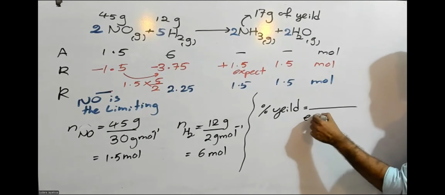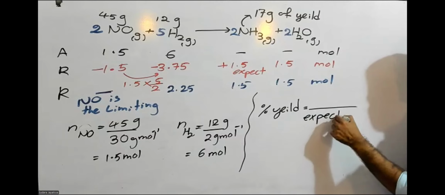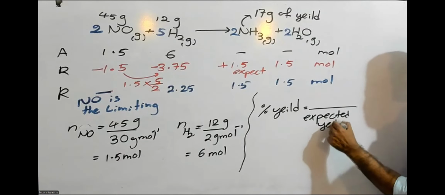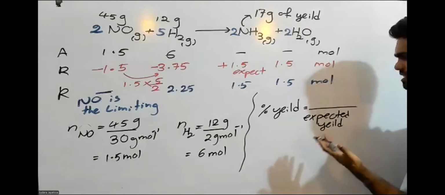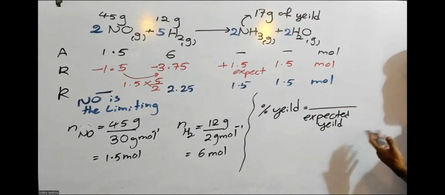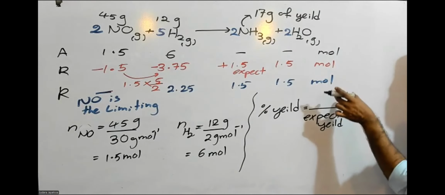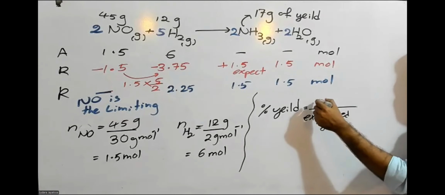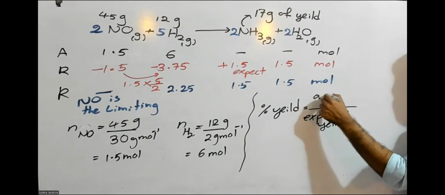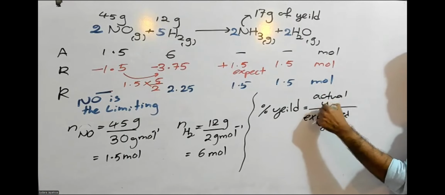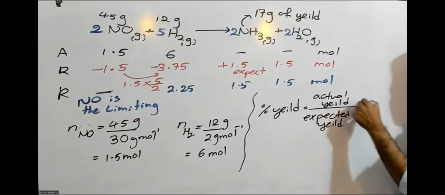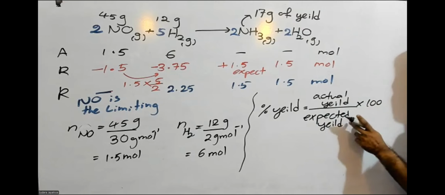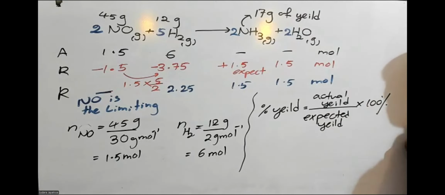So this is our expected yield. But let's say if there are 20 questions, the student is getting 15 questions right. So that is the actual result, actual yield. Okay, so here we are putting actual yield. And then we are going to state it as a fraction, then as a percentage.